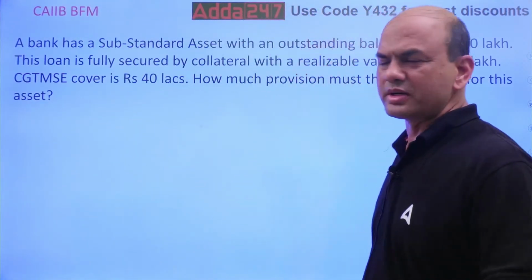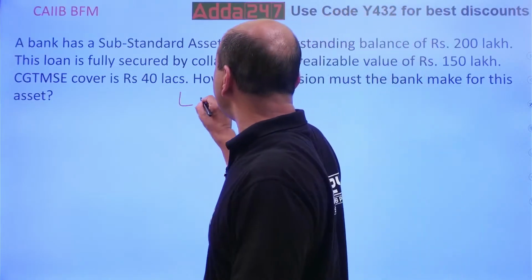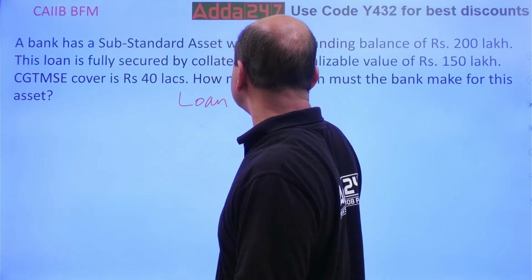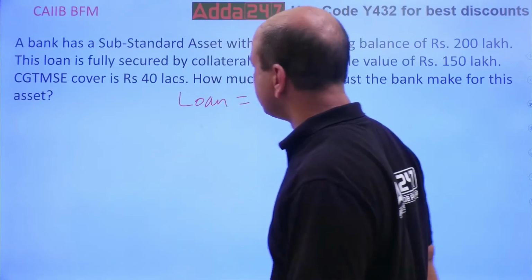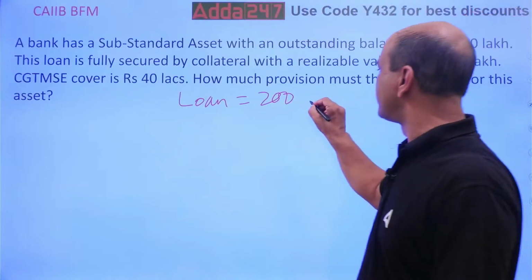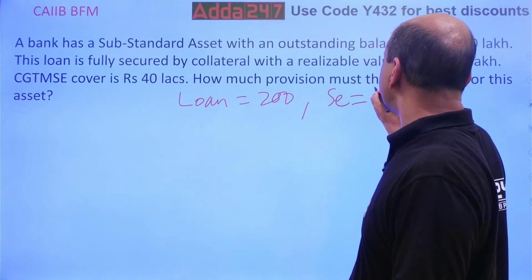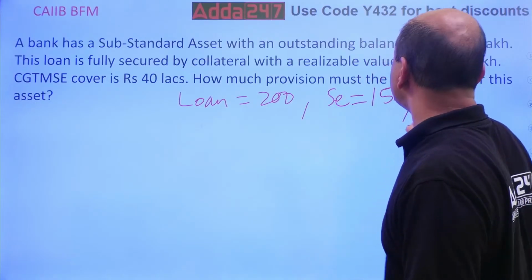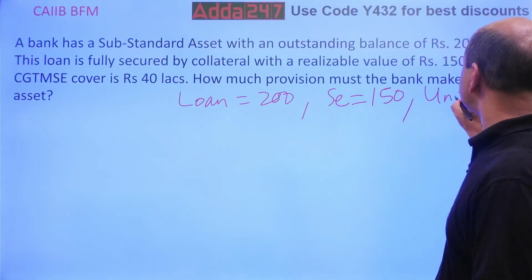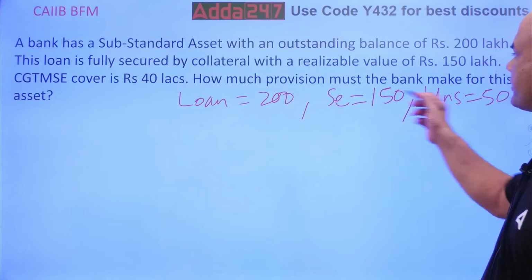Let's calculate. What is the loan amount? Loan is 200 lakhs. Fully secured by security of 150, so secured part is 150. What is the unsecured part? Unsecured part is 50. 150 plus 50 is 200.